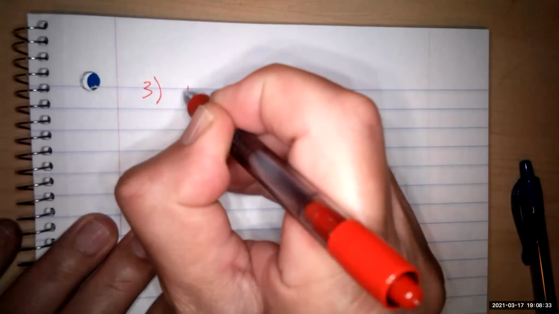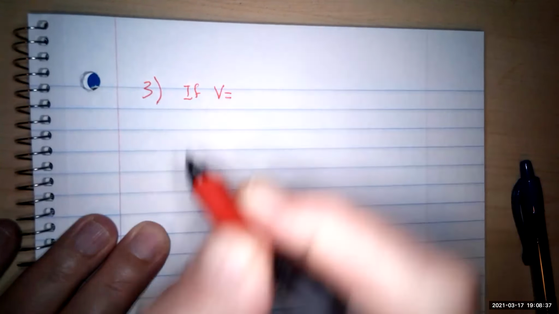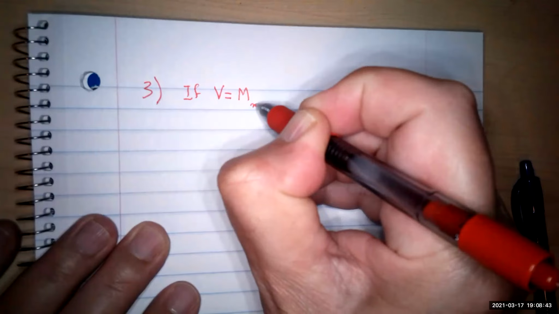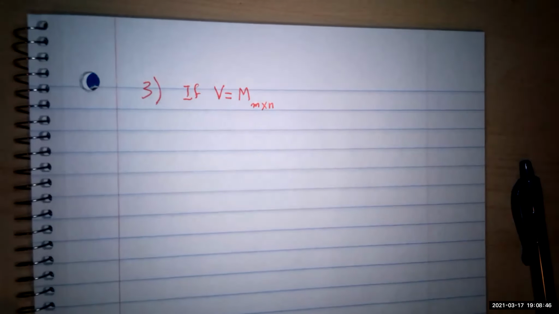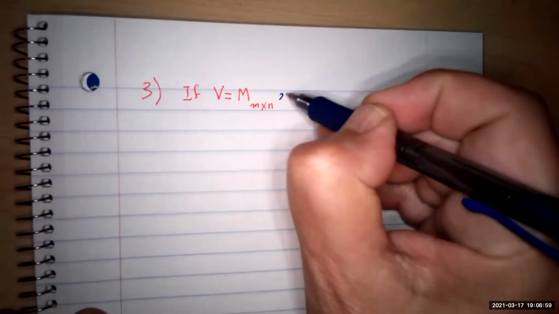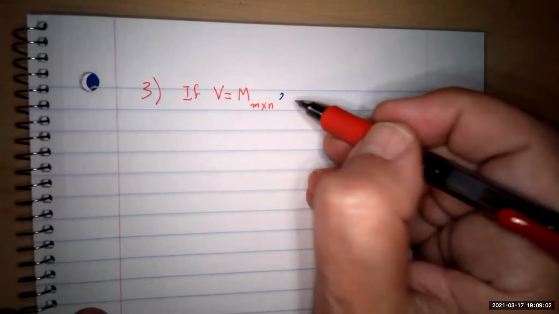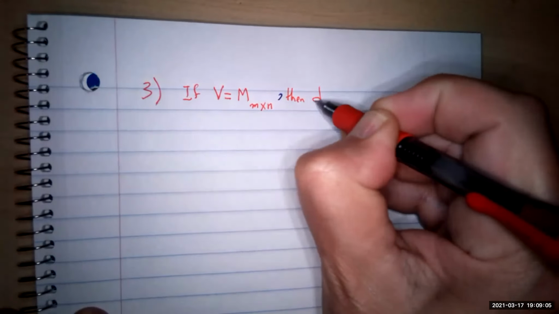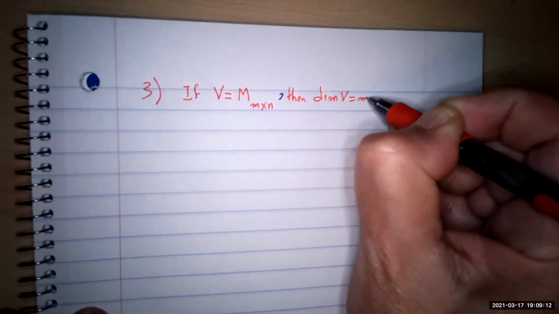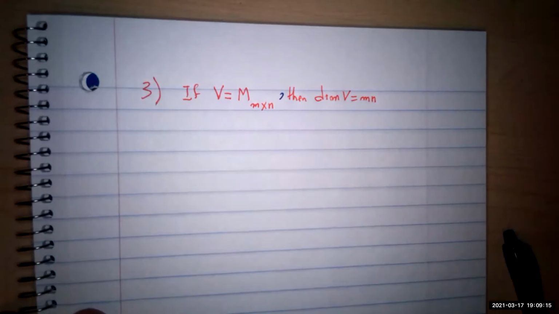If V is the vector space of all m by n matrices, then the dimension of this space, dim V, is equal to m times n. You can use it anytime you like.